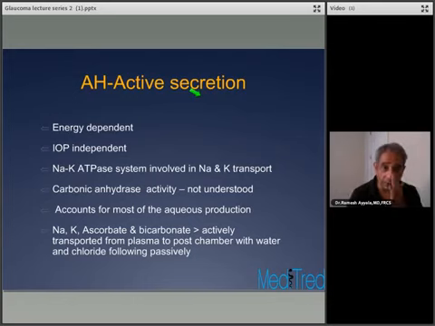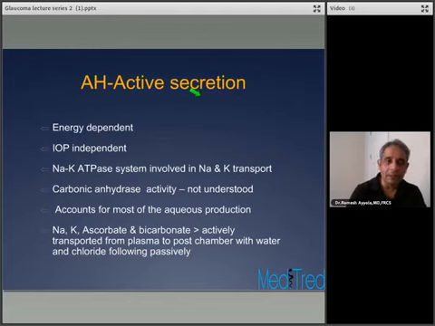It involves probably two enzyme systems, the sodium potassium ATPase system to transport sodium and potassium, and the carbonic anhydrase system, which is not very well understood at the present time. It accounts for most of the aqueous production. And so sodium, potassium, ascorbate, and bicarbonate are actively transported from plasma to the posterior chamber, with water and chloride following passively.